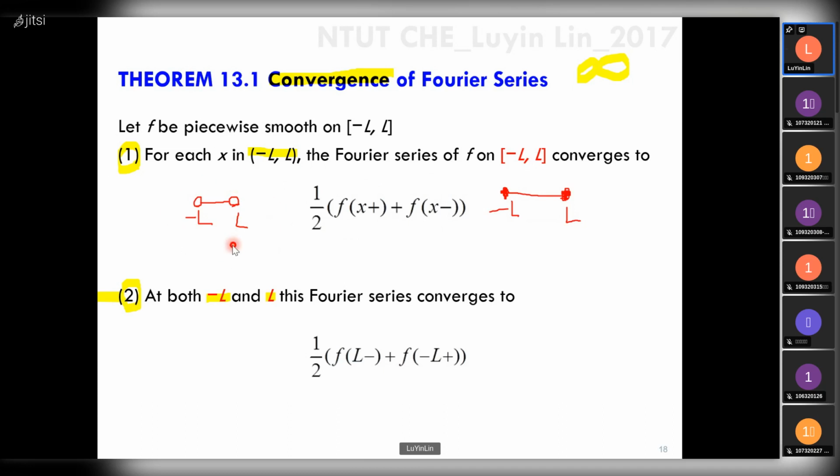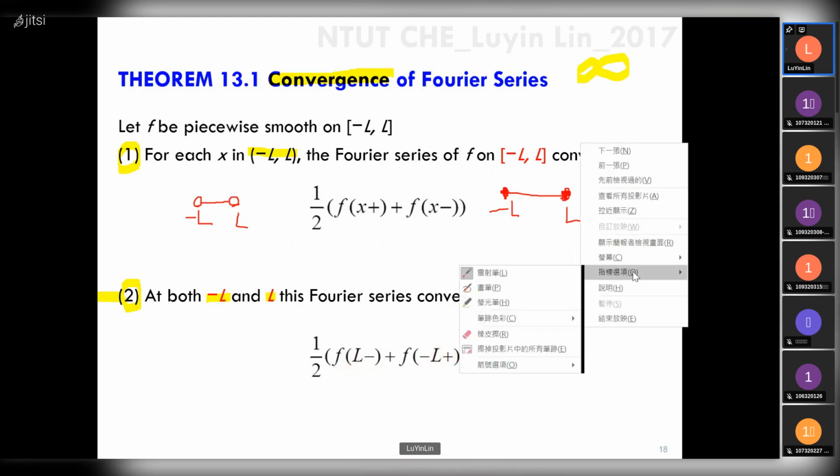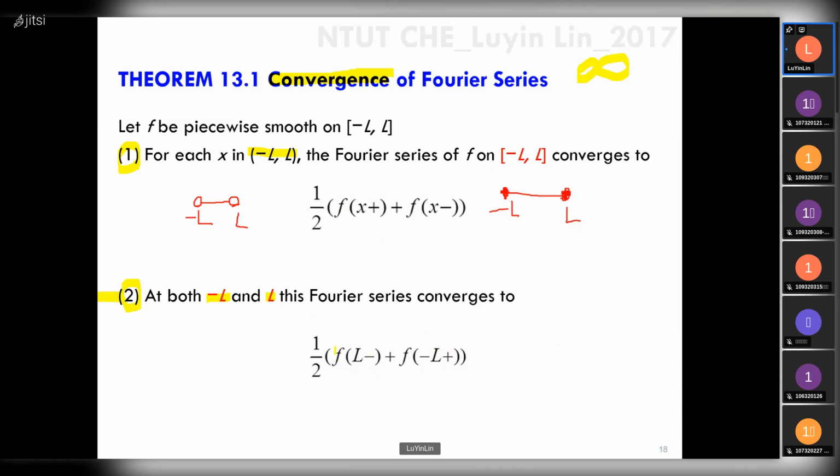Okay, for this range. And for this point and this point, the two ends, the series converges to this one. You bring L from the left-hand side and minus L from the right-hand side. You sum up and divide it by 2. That means, what is this one? L from the left-hand side. That means you approach L from the left-hand side.